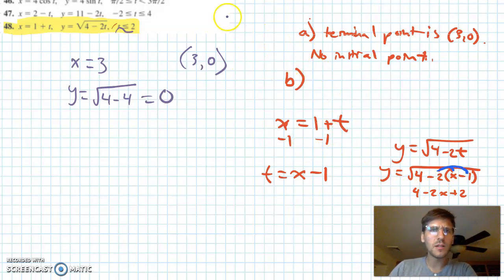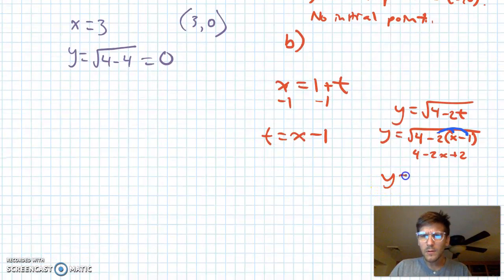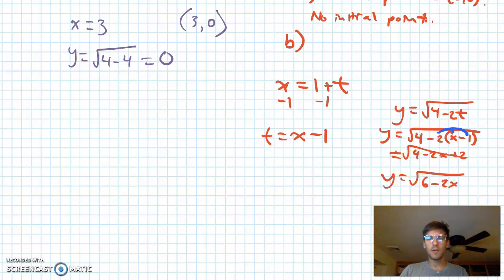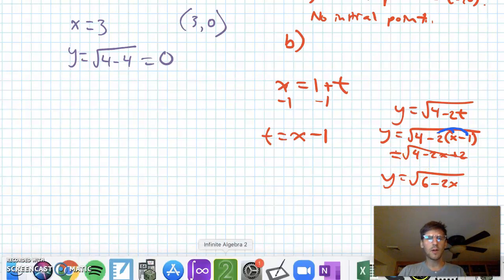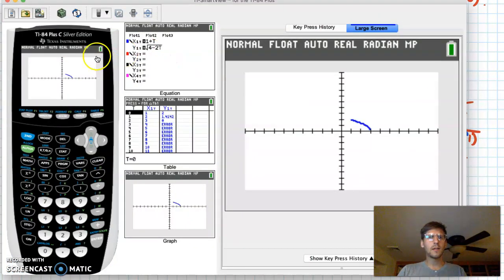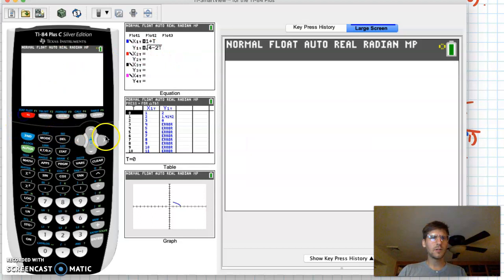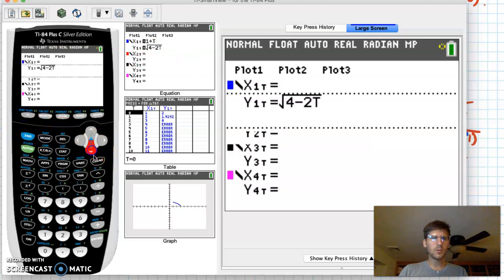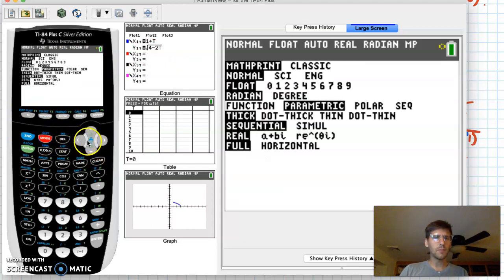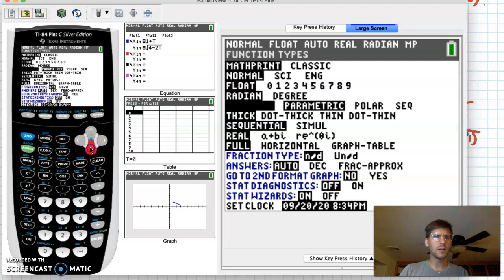This y would be the square root of 6 minus 2x. So if I went to my grapher now, let's go back to that same grapher, and let's just clear all this and go back to function mode, which is the mode that we're most used to.